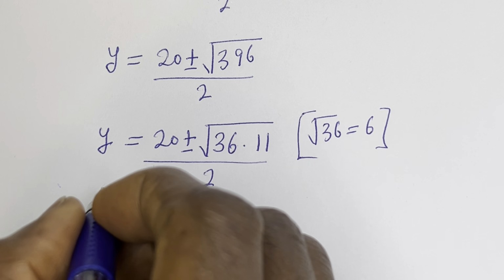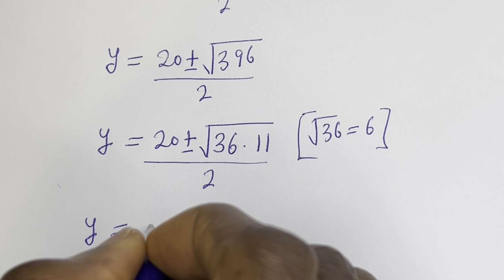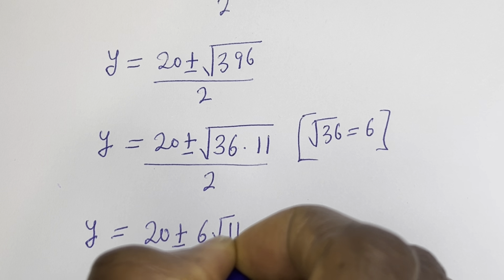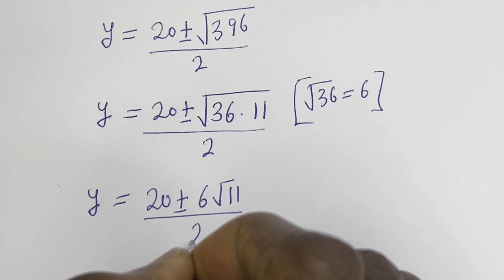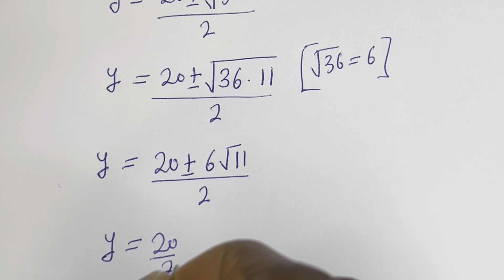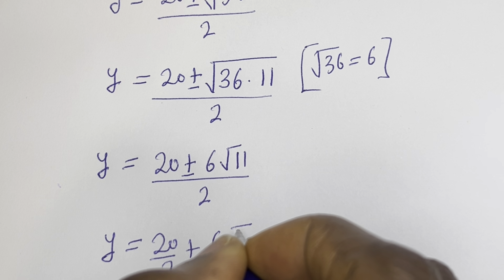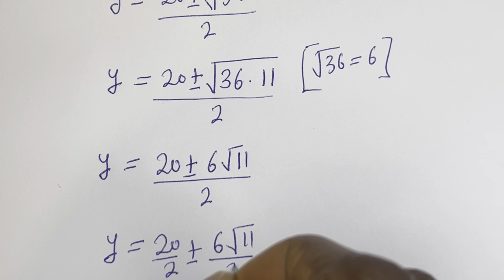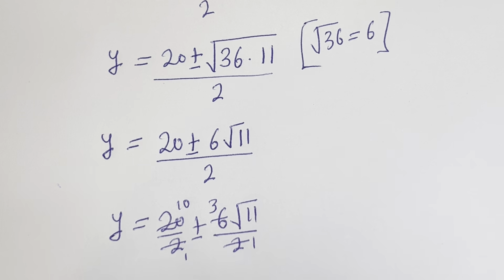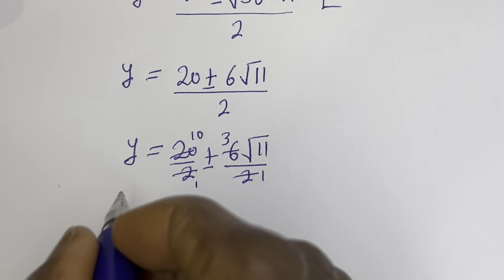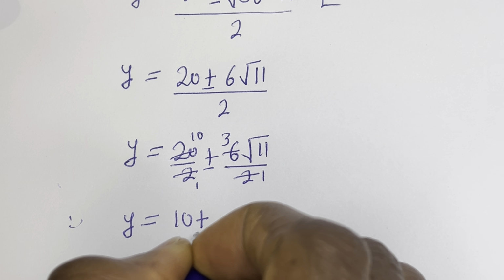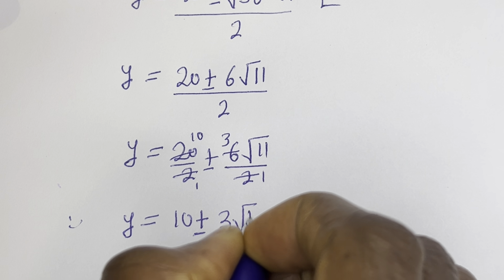Then this can be written as y is equal to 20 plus or minus 6 square root of 11 divided by 2. Then y is equal to 20 divided by 2 plus or minus 6 square root of 11, then this is divided by 2. 2 here 1, 2 here 3, 2 here 1, 2 here 10. Therefore, y is equal to 10 plus or minus 3 square root of 11.